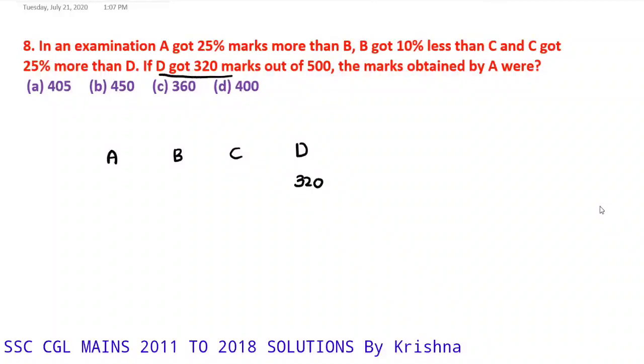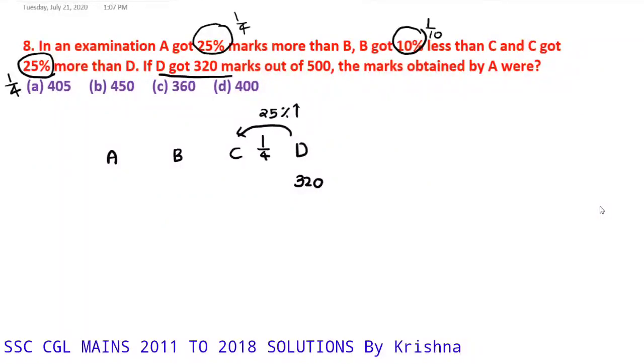And if you come back to statement, C got 25% more than D. So 25% means 1 by 4. 10% means 1 by 10 in fraction if you write. So C is getting 25% marks more than D means he is getting 1/4 marks more than that of 320. That will be equivalent to 1/4 of 320 is 80. So C is getting 320 plus 80, which is 400 marks.